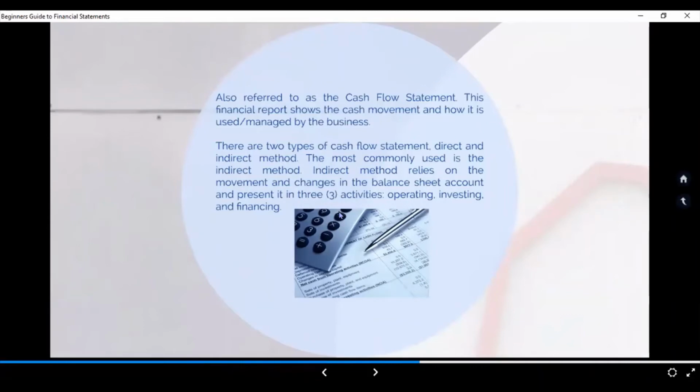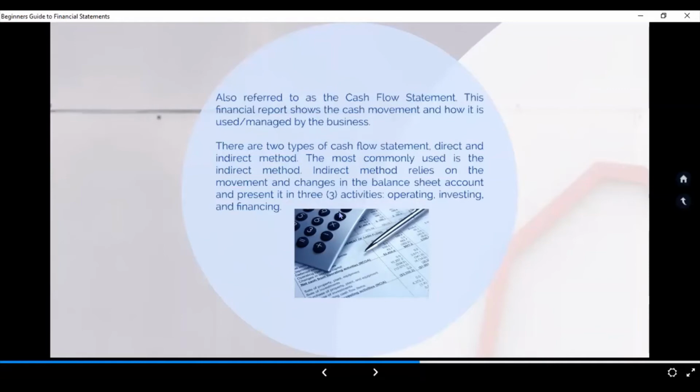Your operating activity, your investing activity, and your financing activity. Okay? Alright. So, your statement of cash flow is a report showing the movement of your cash. Now, punta tayo dun sa tatlo mong types of activities for the year.